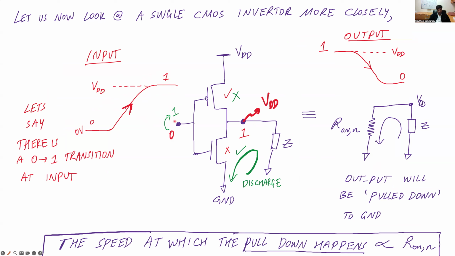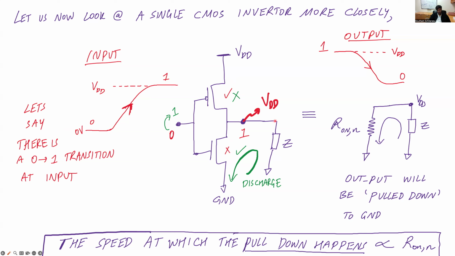So imagine now the input is transitioning from low to high. When the input was originally low, the output would have been high, which means that the PMOS was on and the NMOS was off. Now there is a transition, and therefore the signal is going from low to high at the input. When the input transitions from 0 to 1, the PMOS, which was originally on, is now going to turn off, and the NMOS, which was originally off, is now going to turn on.